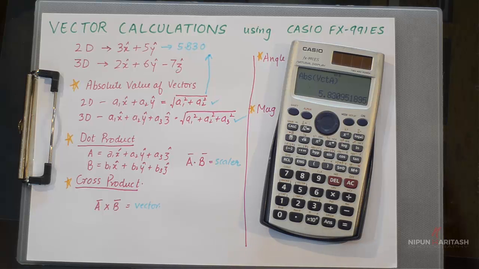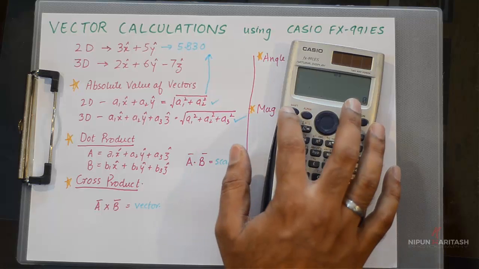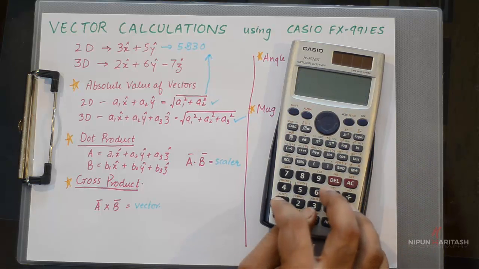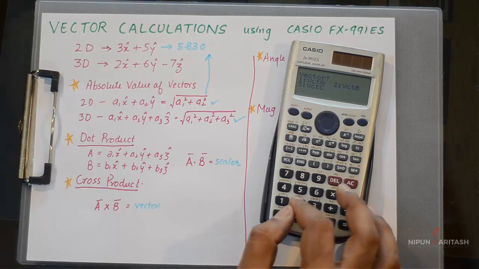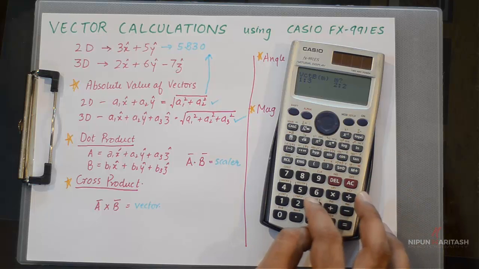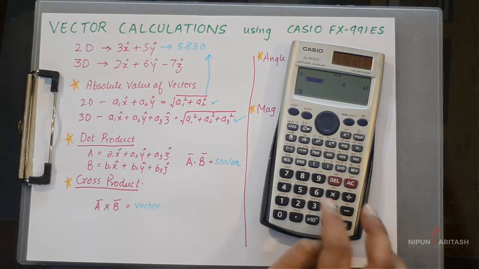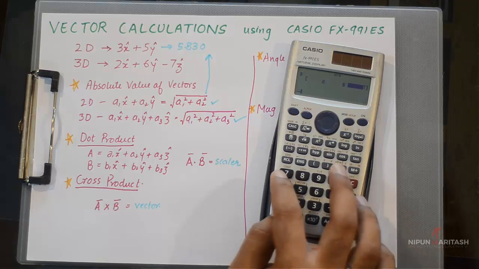Now let's try it for a 3D vector. Okay, so I'll go to vector, I'll press 1, I'll select another vector B this time, and I want the vector to be a 3-dimensional vector. For that I press 1. Now I'll enter the 3 coefficients: 2, 6 and -7.